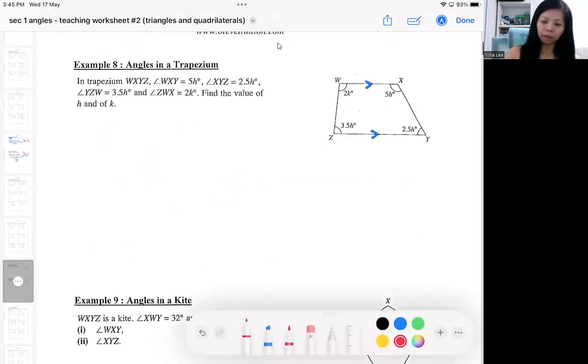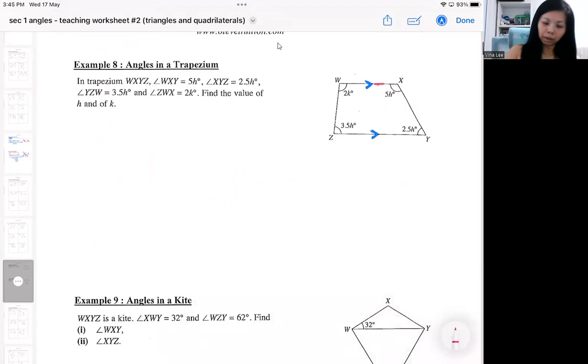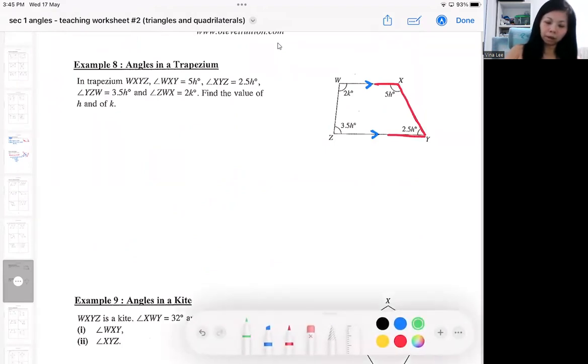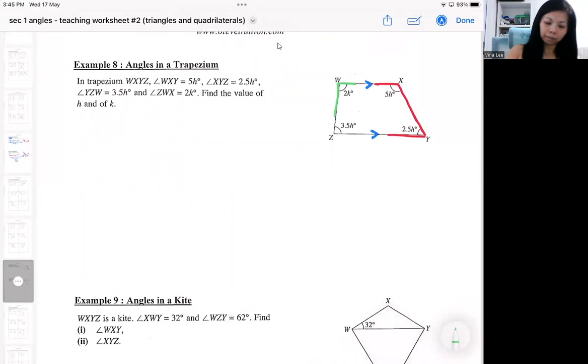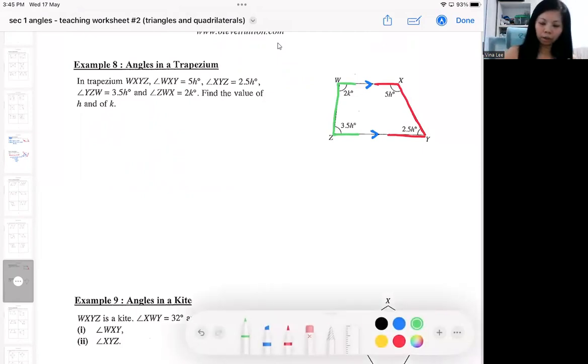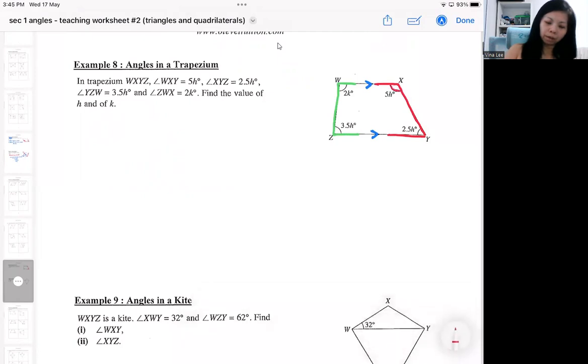Nevertheless, we can still apply our interior angles, on this side or on that side. I'm supposed to find my H and K. Logically, I should start with the red one here.